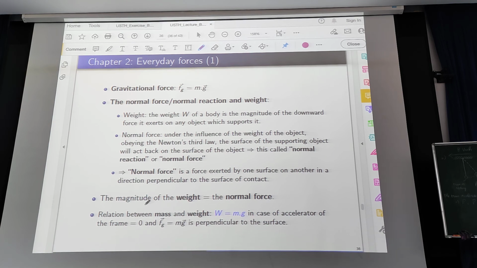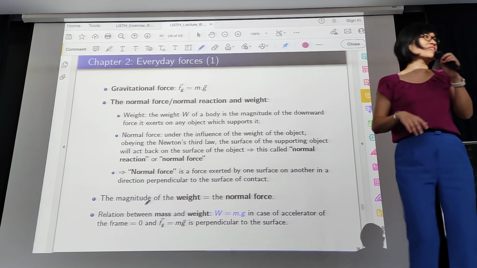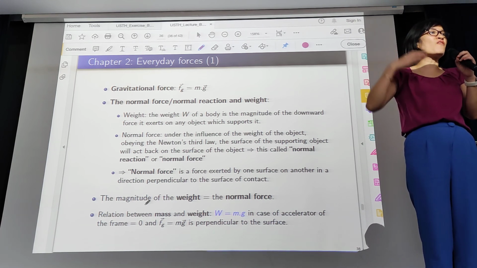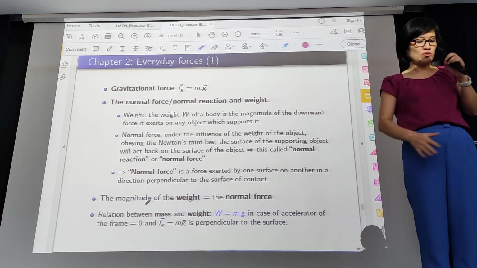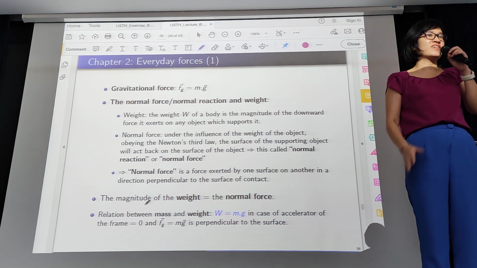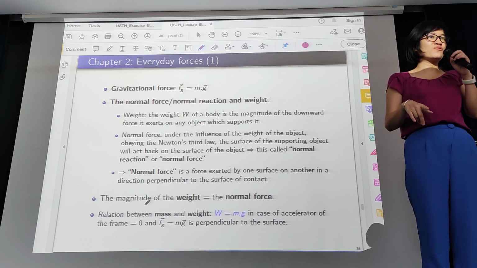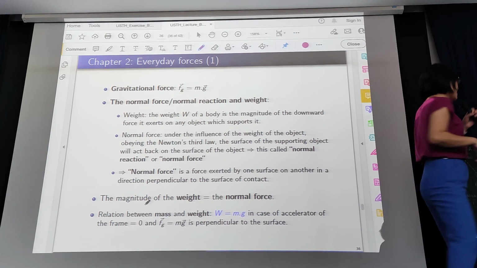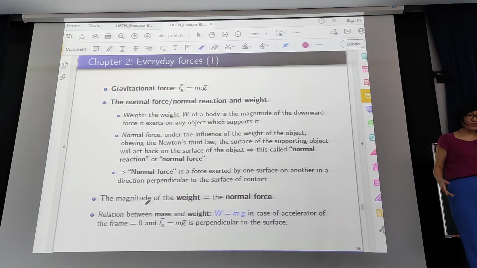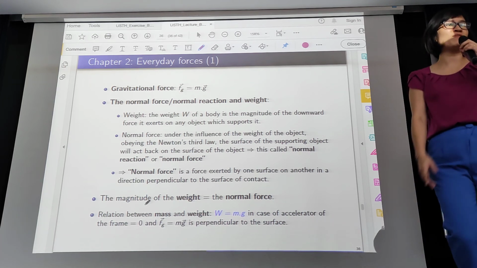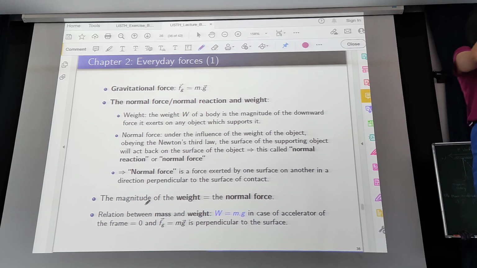For example, the floor is supporting me, right? So the force I exert on the floor equals the weight, my weight. Of course, I hit the floor with some force. According to the third law of Newton, the floor will act back on me in the opposite direction. And this force is called the normal contact force.